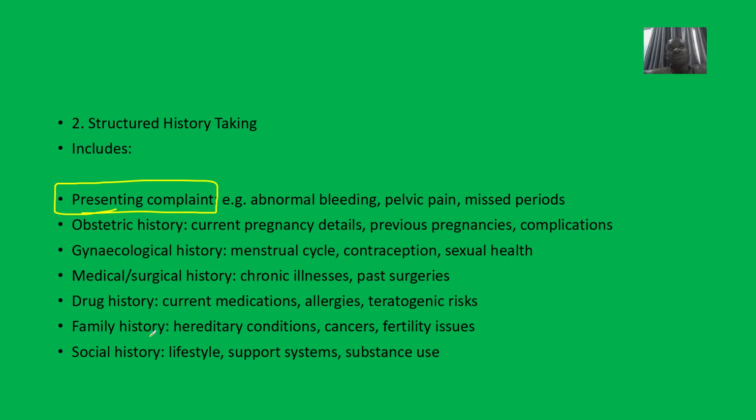Okay, family history, you are trying to know if there's any disease condition that runs in the family. You understand? So you are trying to pick it up. So social history, you are looking at their lifestyles, their support systems, if they abuse drugs, and all of that.